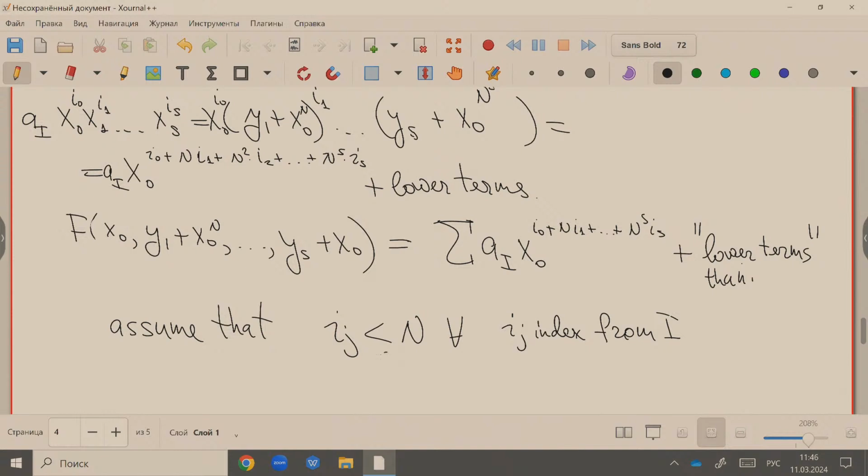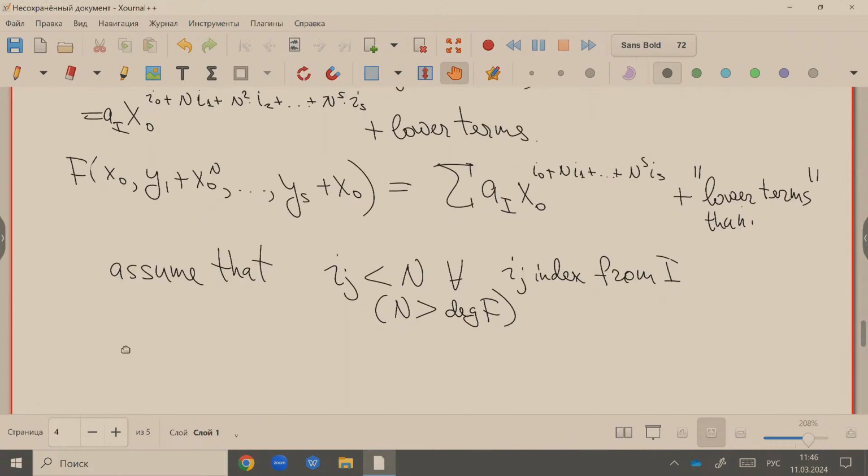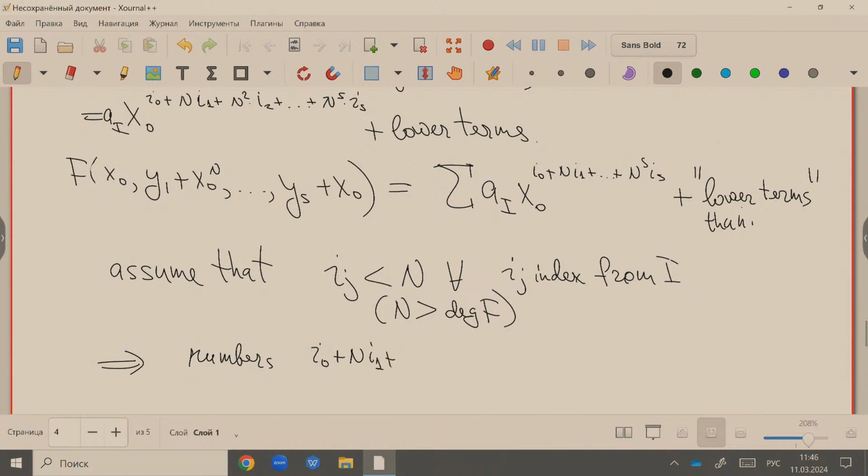If this happens, then from the observation that allows us to write numbers in decimal notation, it follows that the numbers i0 and i1 n, etc., are pairwise different.